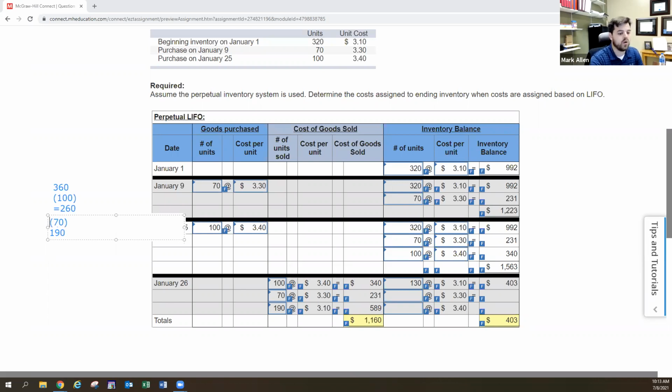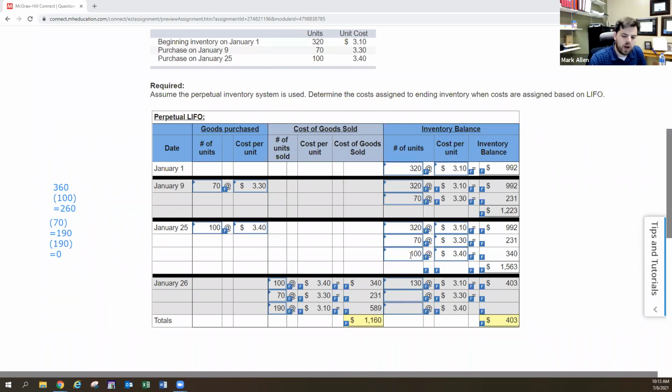Do you see how this is working? We're just pulling this all through. At this point, I'm still not at 0, so where do I get my units from? Right here. That next layer up had 320. I'm going to need to take out 190 of those, and that will fill my sale. At this point, I have now done what the question asked me to do.